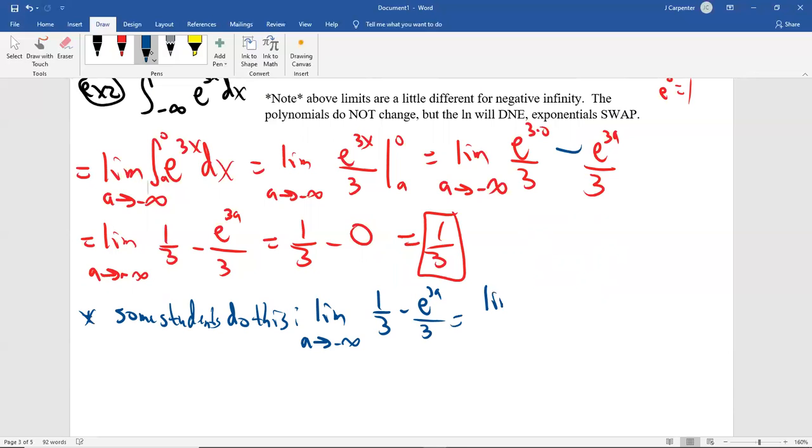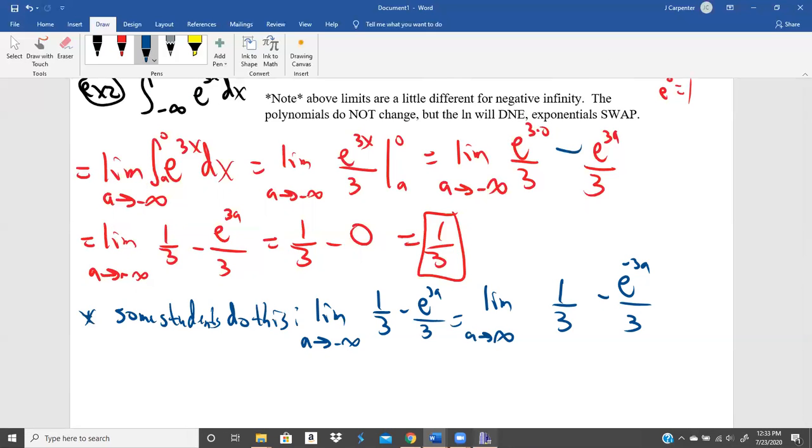We do the same thing as the limit as a goes to positive infinity, but that switches the sign of the a, which switches the sign of the exponent, so that would be 1/3 minus e to the negative 3a over 3. If you want to remove the negative from your infinity, you have to throw in a negative with your variable. It's cool that that works. Whether you like to do that or not is up to you. I'm just giving you options, because then you don't have to memorize the fact that the negative infinite limits are different for some functions and not for others.